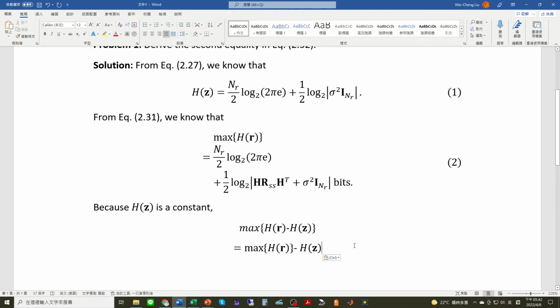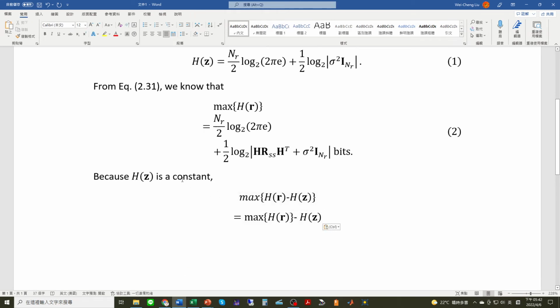Because h of v is a constant, we can move h of v out of the maxima.